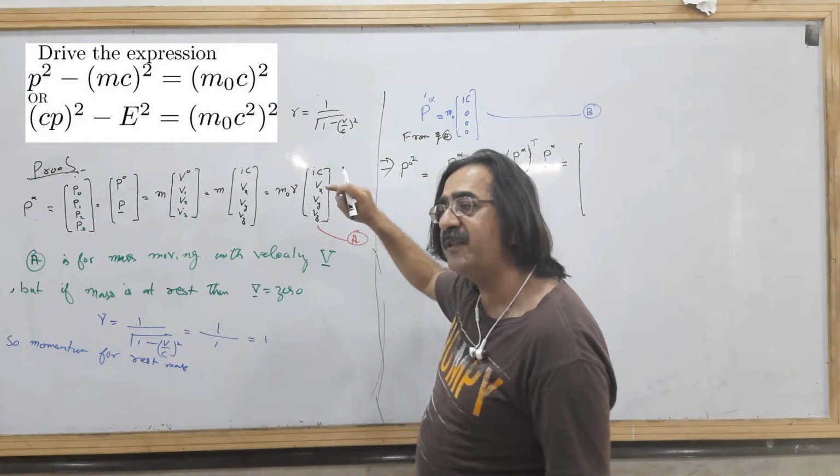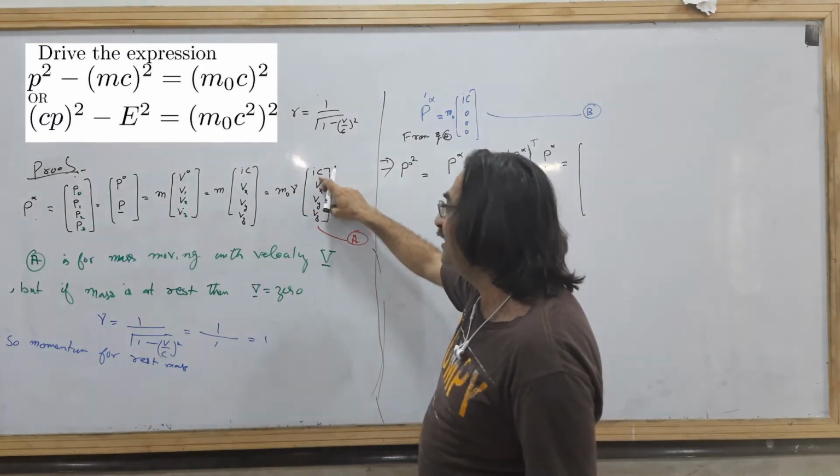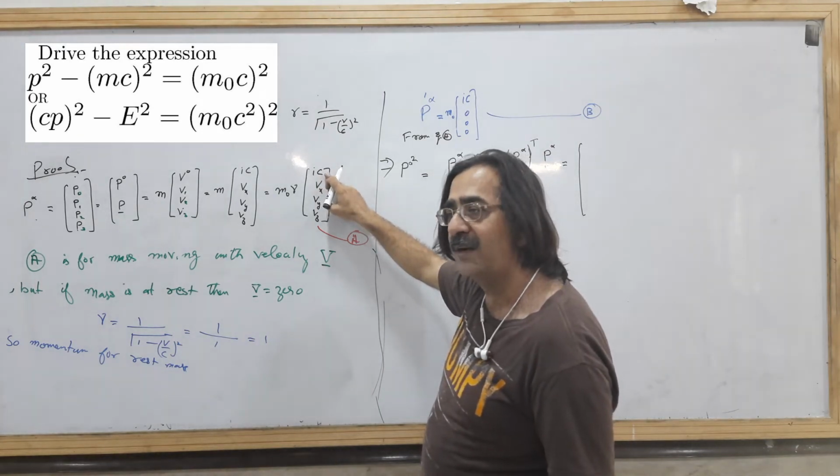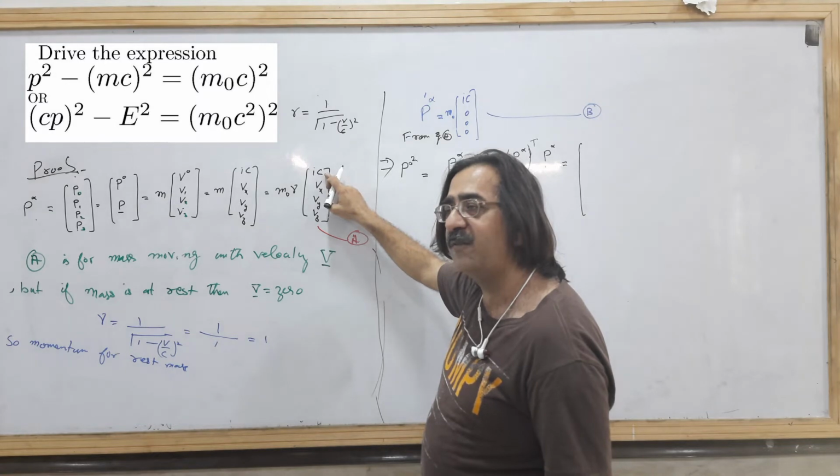The velocity of the space component will be 0. This is C, C is a constant. There is no multiplication here, so the time component will not be 0.